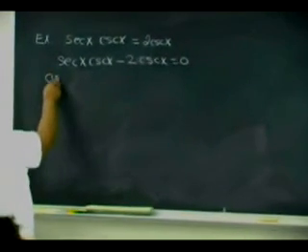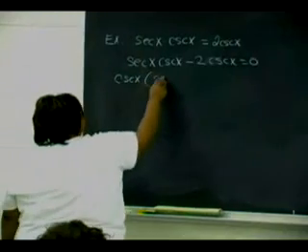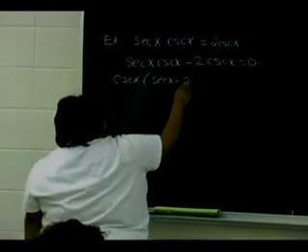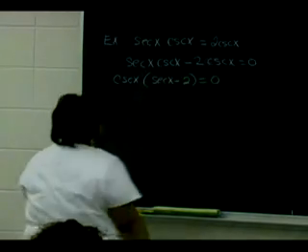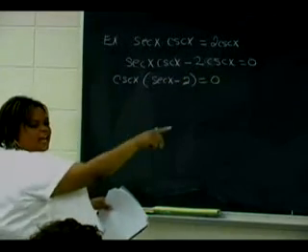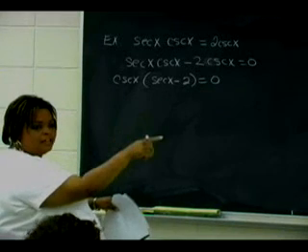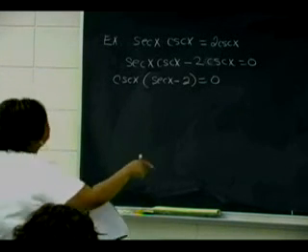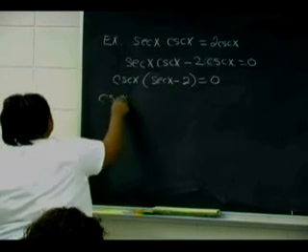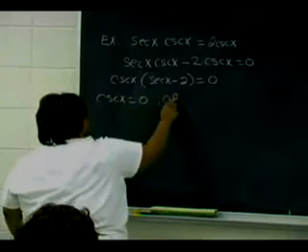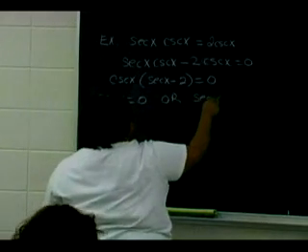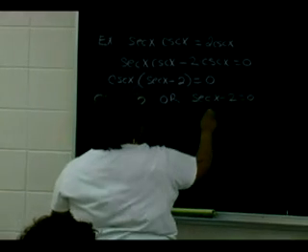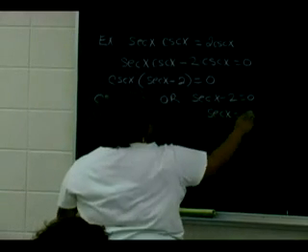Cosecant x, and be left with secant x minus what? 2. And now we can use that same property, the property of zero products, right? That says cosecant x equals 0, or secant x minus 2 equals 0. So we have secant x equals 2.